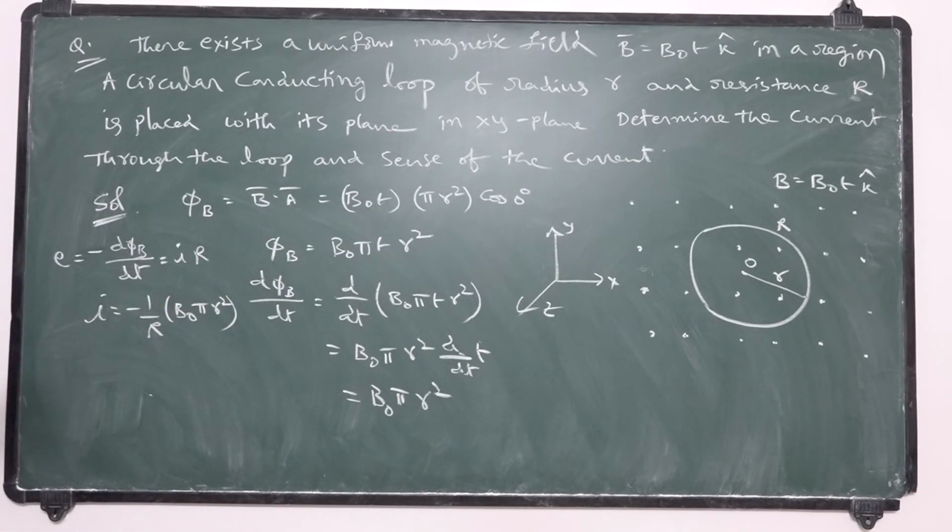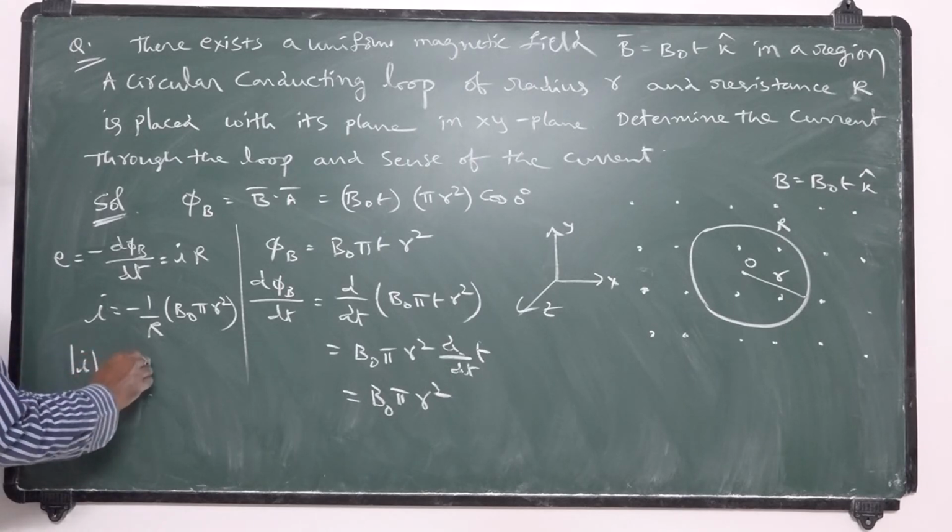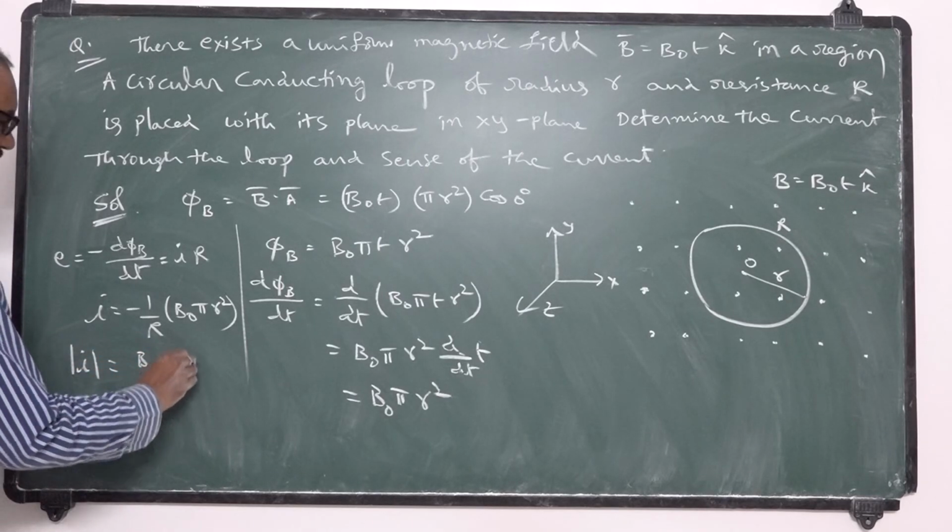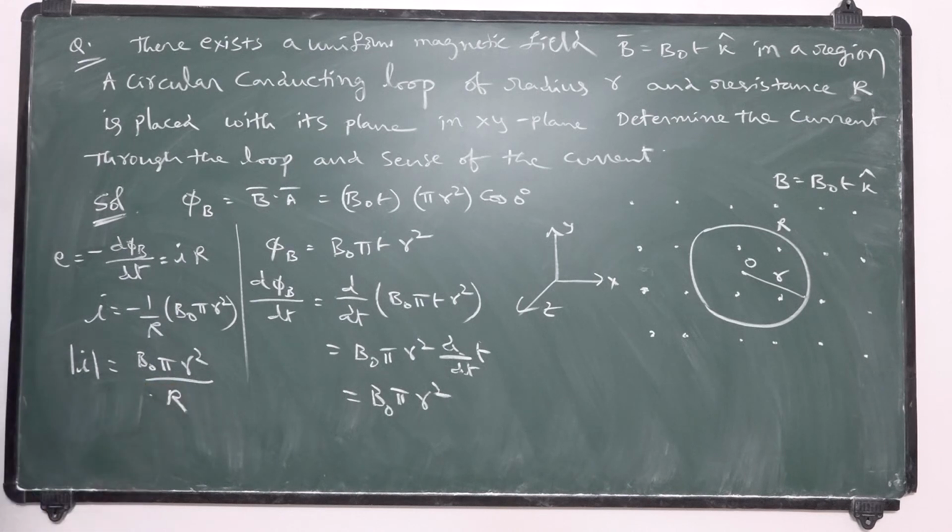This is the strength of the current. Only the magnitude, if I take, I is given by B naught pi r square by capital R. Now I need the sense of the current.